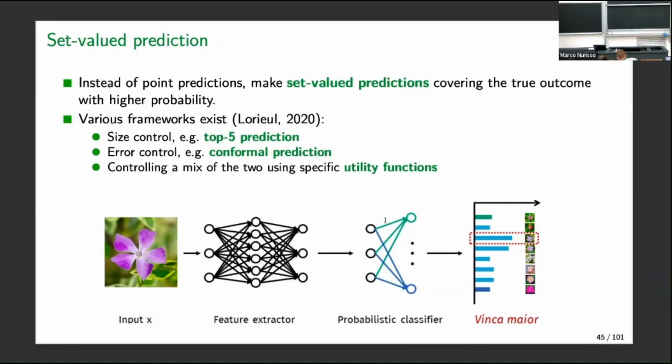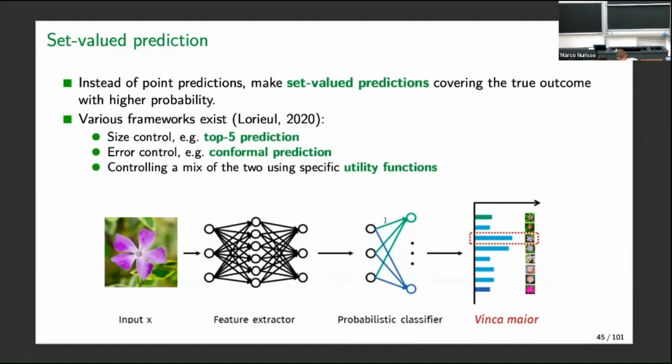In the PhD thesis of Titouan Laurier a few years ago, there's quite a nice distinction of all those frameworks. You have frameworks that focus on the size of the sets, so you want to have control of the size. A very simple example is top K prediction, where you predict the top 5 classes. But there are other frameworks as well where you have constraints on the average size. So for instances where you're very certain, your set might consist of only one class, and for instances where you're very uncertain, your set might consist of multiple classes.